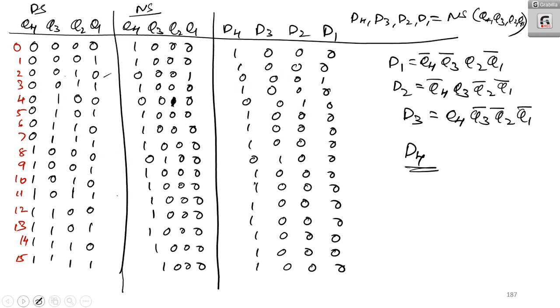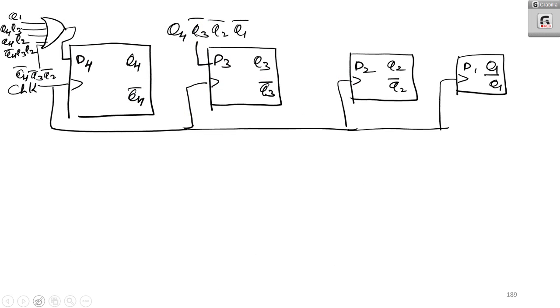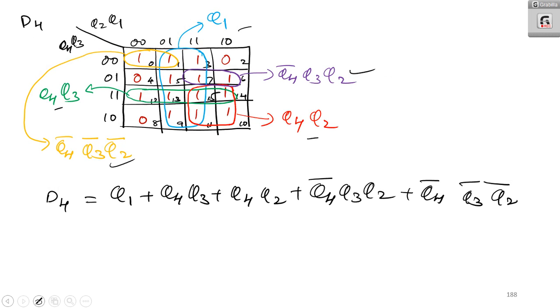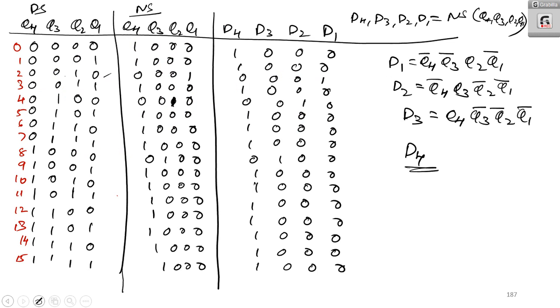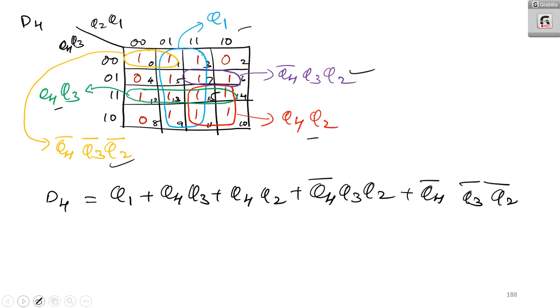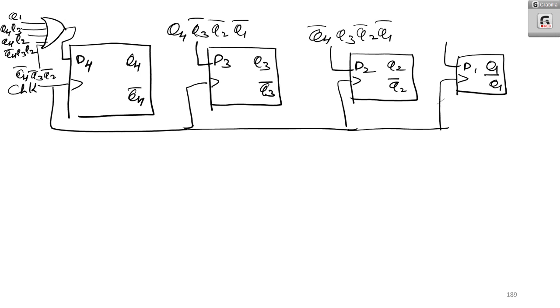D2 is Q4 bar Q3 Q2 bar Q1 bar. Now what is D1? D1 is Q4 bar Q3 bar Q2 Q1 bar.